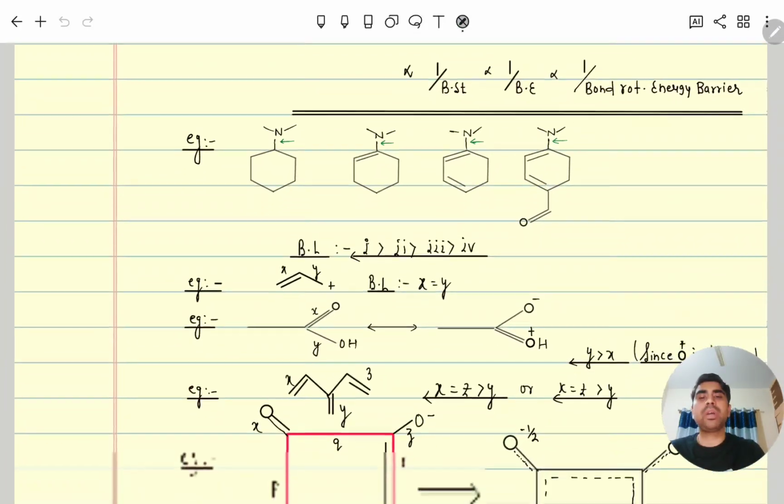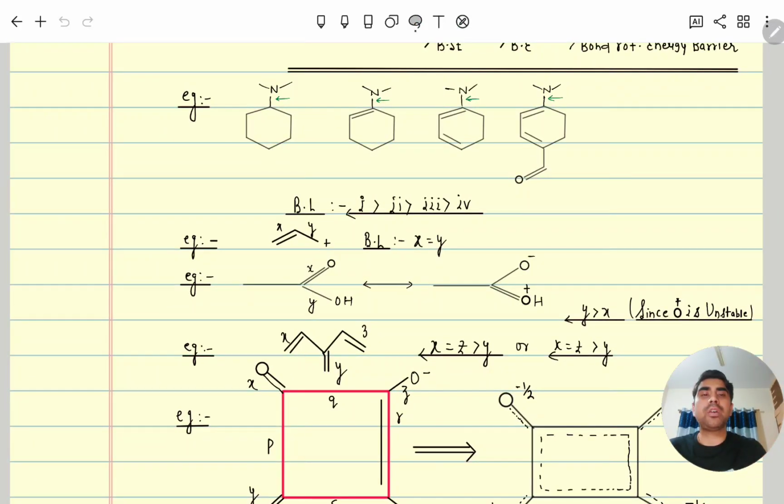So moving further, here you can see bond length. Here bond length is 1 only. Here due to conjugation bond length is more than 1. Here also due to conjugation bond length is relatively more. Here you can see due to conjugation bond length will be again relatively more.